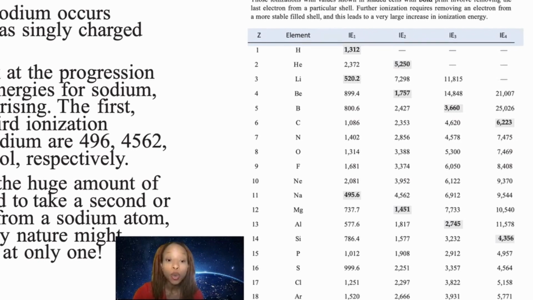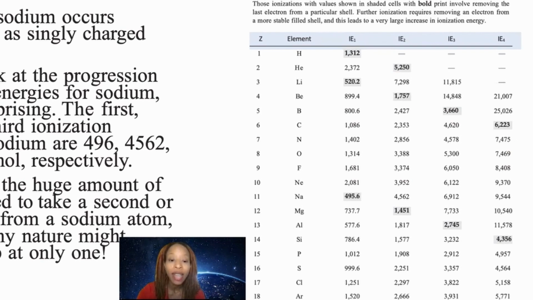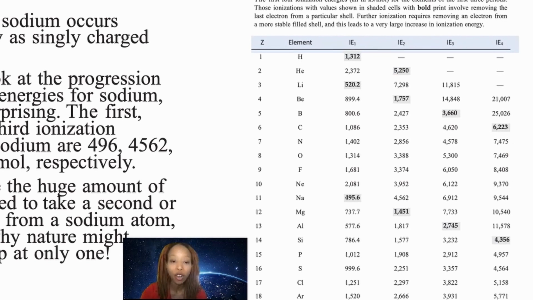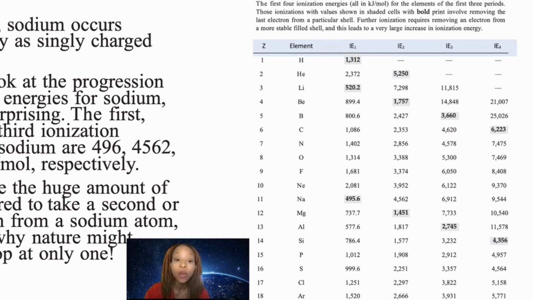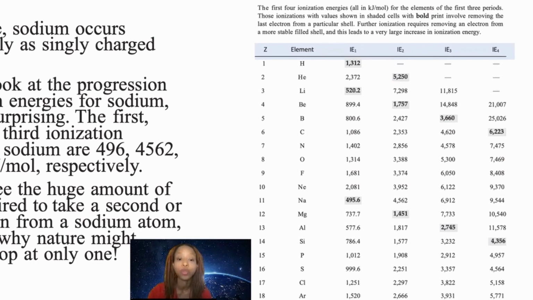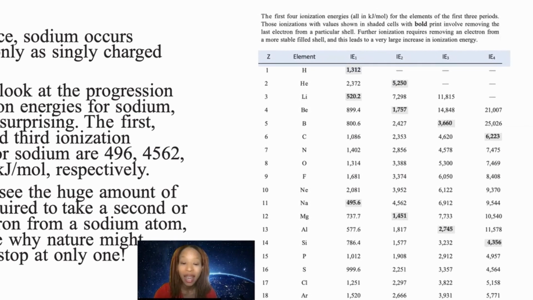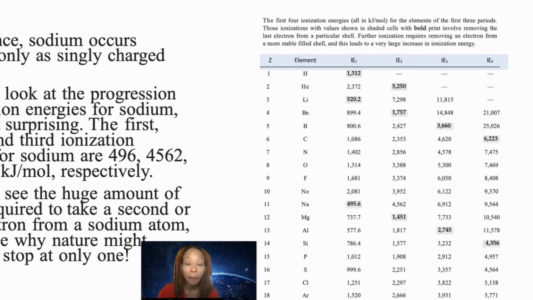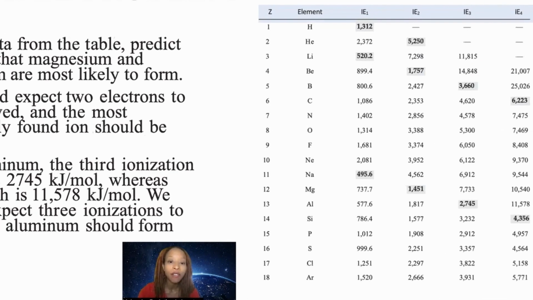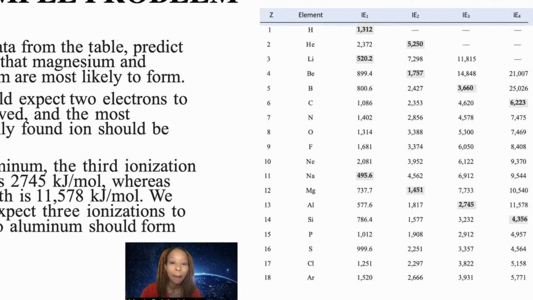When we see the huge amount of energy required to take a second or third electron from a sodium atom, we see why nature might choose to stop at only 1, because going from the first to the second requires a large amount of energy. Using data from the table, predict the ions that magnesium and aluminum are likely to form.